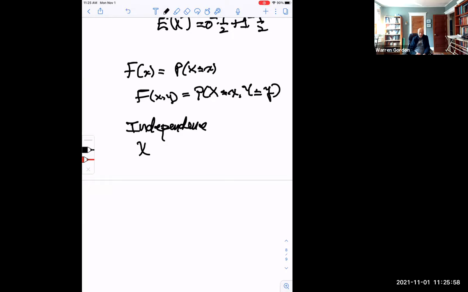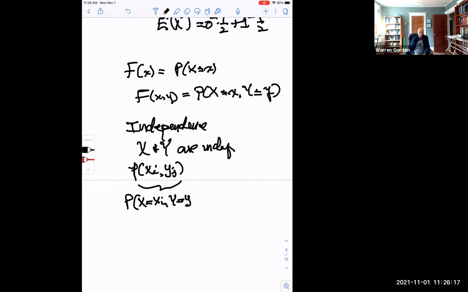That is, X and Y are independent if p of x sub i comma y sub j, remember that's shorthand for P of X equal x sub i, Y equal y sub j, is equal to the product of the individual probabilities, for all i and j.